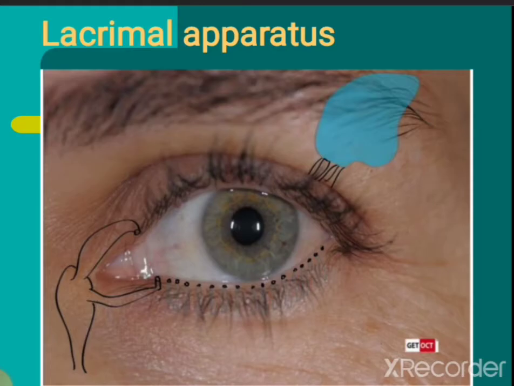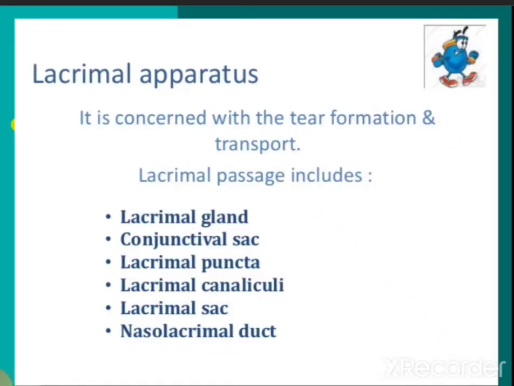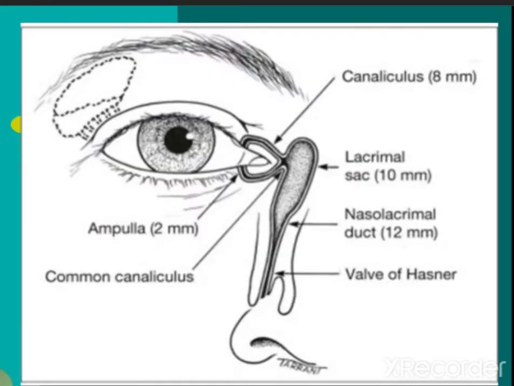Then we have lacrimal apparatus. Lacrimal apparatus is concerned with the tear formation and the transport. Lacrimal passage includes lacrimal gland, conjunctival sac, lacrimal puncta, lacrimal canaliculi, lacrimal sac, nasolacrimal duct. So here we have discussed in this diagram the lacrimal gland and lacrimal canaliculi.